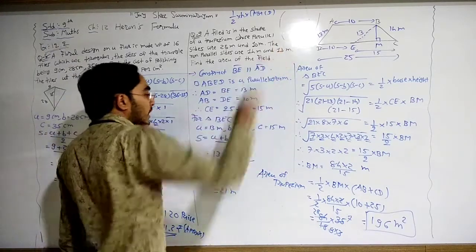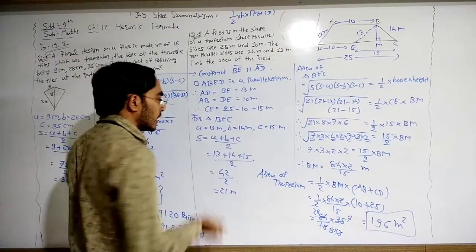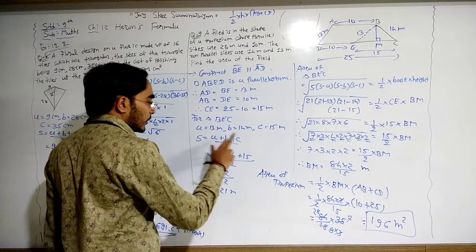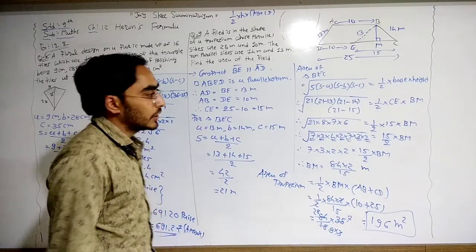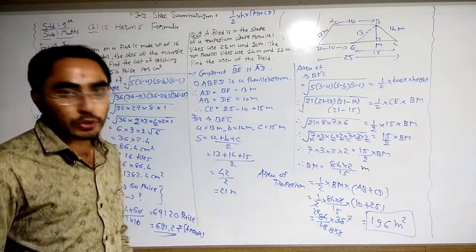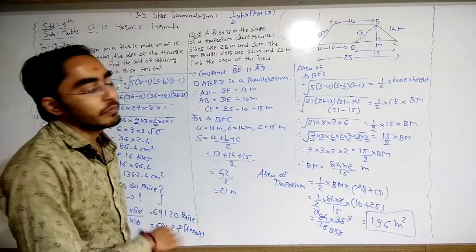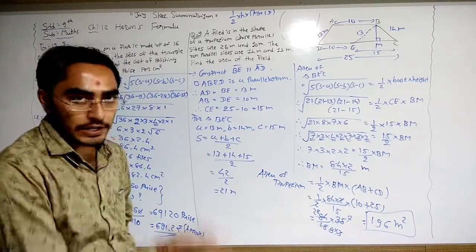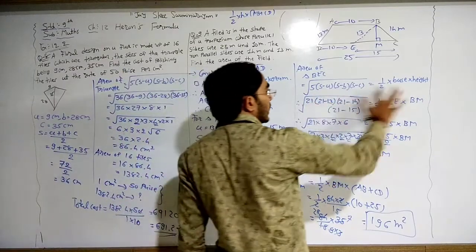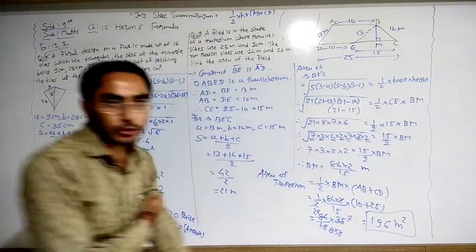Now in triangle BEC, use Heron's formula, with semi-perimeter S equal to A plus B plus C by 2, 21 meter. Now use both formulas together, so from that we can find the value of our height. Here Heron's formula, and here half into base into height.